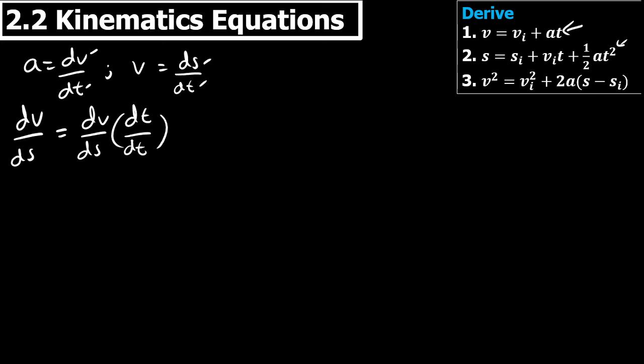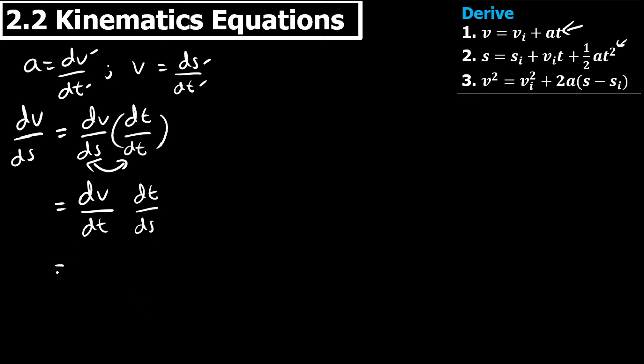1 times a is still a. So a is also equal to a times dt over dt, and I can shift it around. I can swap the ds and dt, and what I will have is dv over dt times dt over ds.